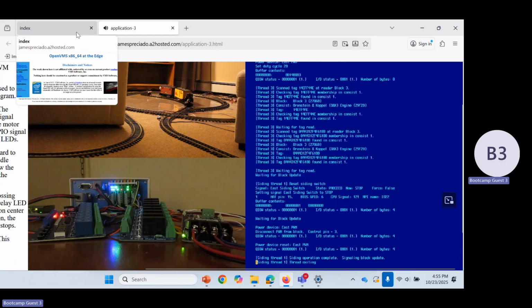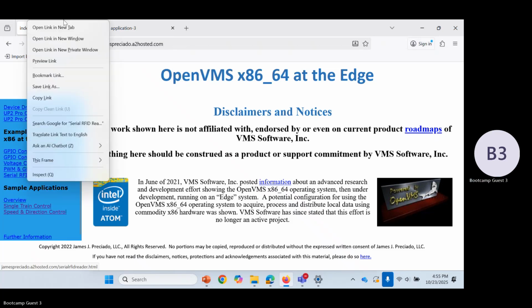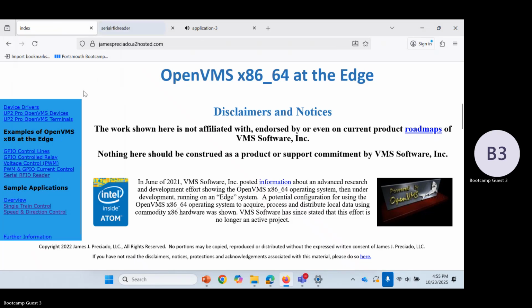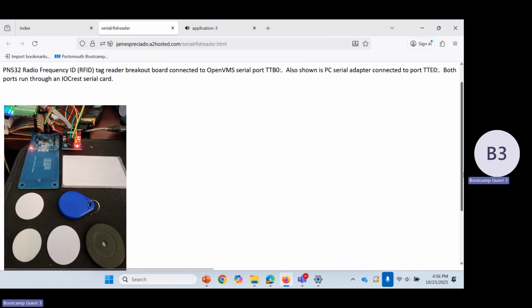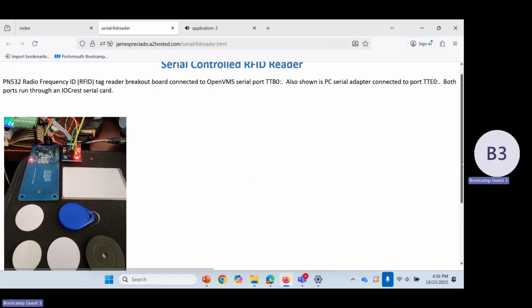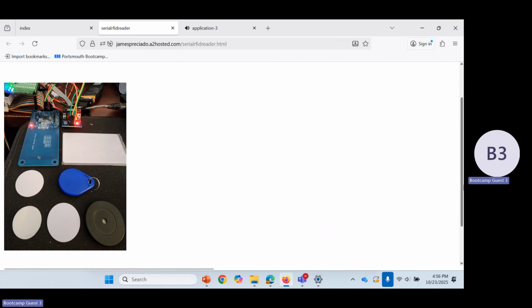Now, let's see here. Other thing we can do. Here's how the RFID reader works as soon as it loads the rest of the images here. Basically, I'm using an RFID reader, which is a PN532. It's connected to VMS device TTB0. Load the rest of it.